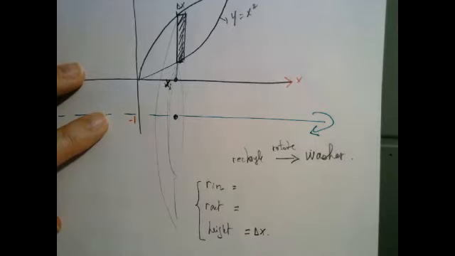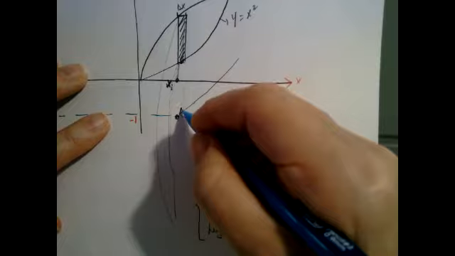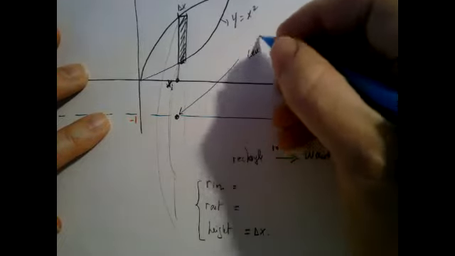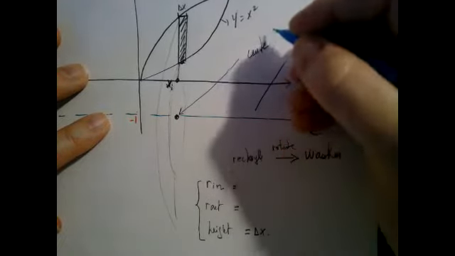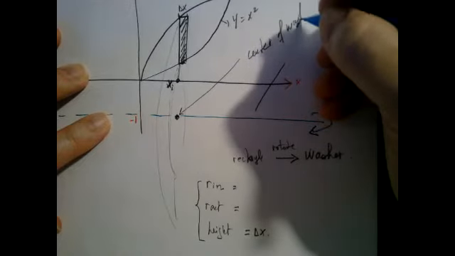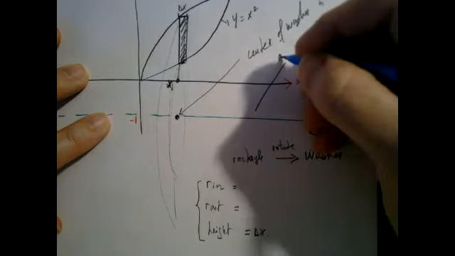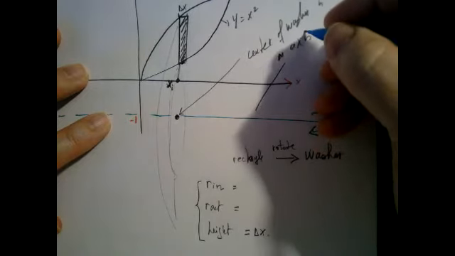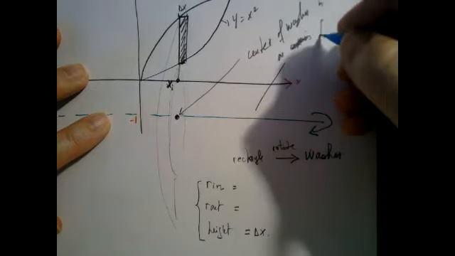Think a little bit. Look at the picture. This is the center, if you want. So that's my axis of rotation. The center of the washer is on the axis of rotation, on this axis.